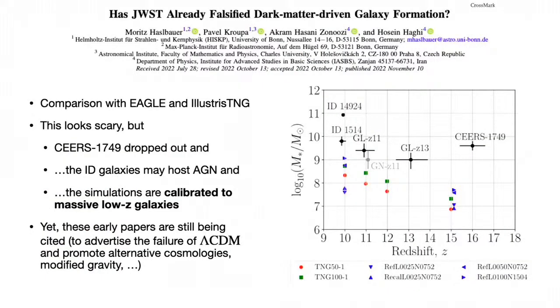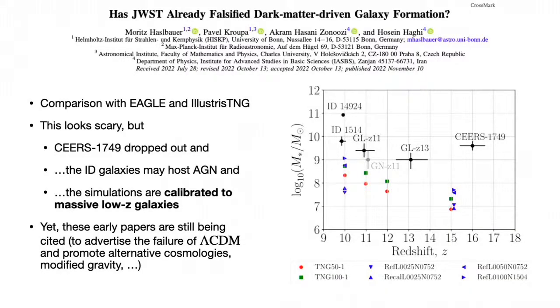Still, there was a flurry of papers, usually from people who have been doing a lot of work on alternative cosmologies, modified gravity and stuff like that, making very dramatic statements that lambda CDM is dead, showing here a comparison to these early galaxy cosmological simulation projects, and how we were seeing galaxies which were orders of magnitude more massive than anything you could get from those simulations at high redshifts.